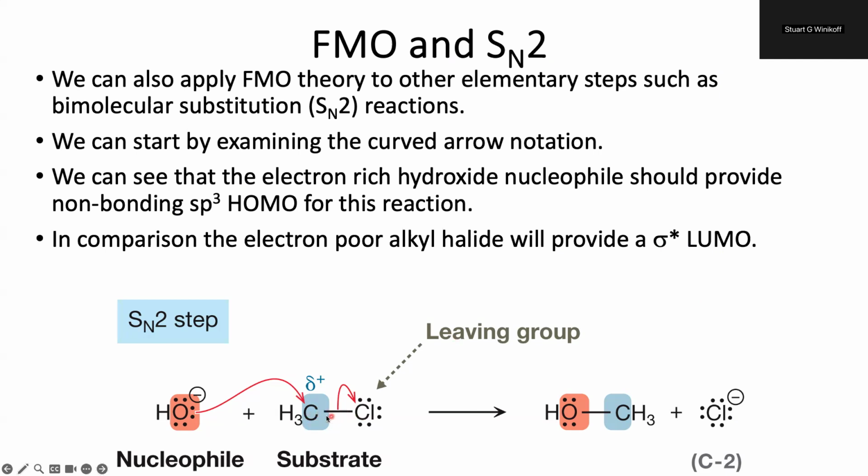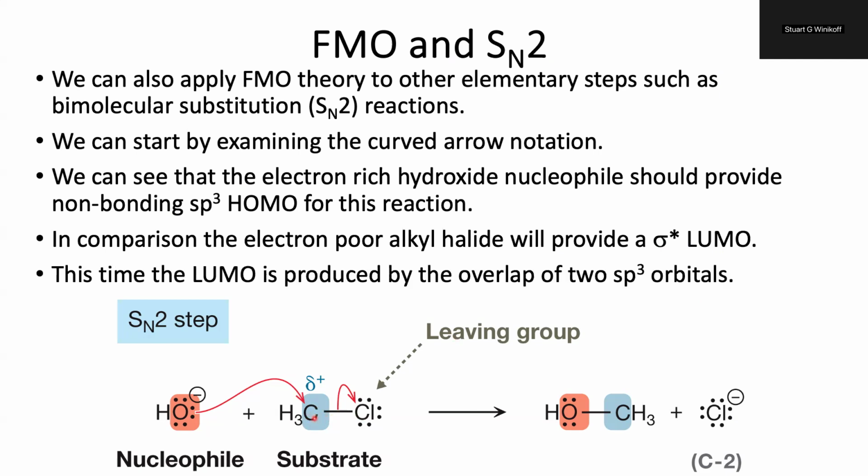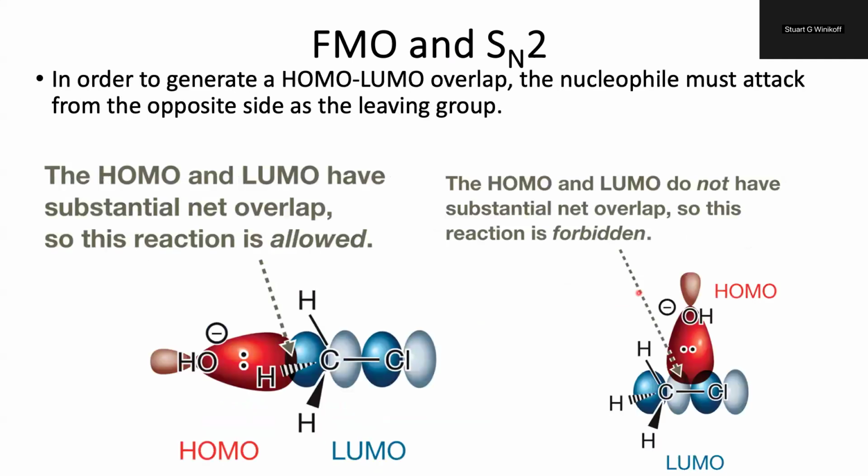Now, the big difference is previously when we had a hydrogen atom, that was an s orbital. Now that carbon is going to provide essentially that p orbital. So again, this LUMO is produced by the overlap of two hybrid orbitals instead of one hybrid, one s orbital. And that really helps illustrate that, again, in order to overlap with that anti-bonding orbital, I again have to approach from that opposite side of my leaving group.